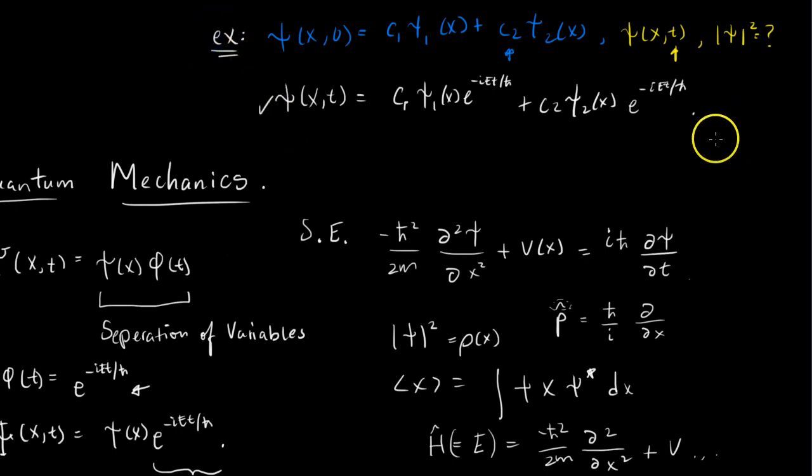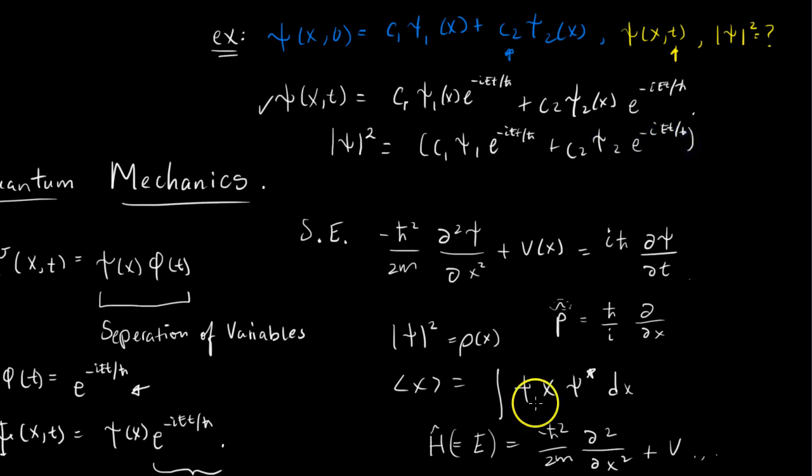And now we want to find its probability density. We're doing the same thing as we did previously, just plugging it in. So psi squared would just be this squared, c1 psi 1 e to the negative iEt over h bar plus c2 times psi 2 e to the negative iEt over h bar.